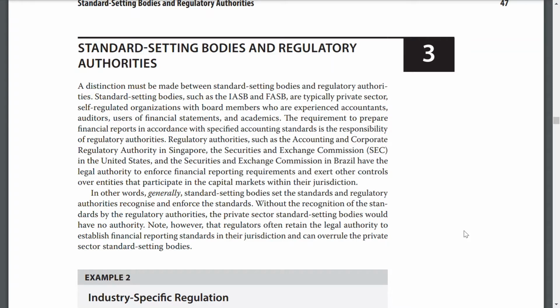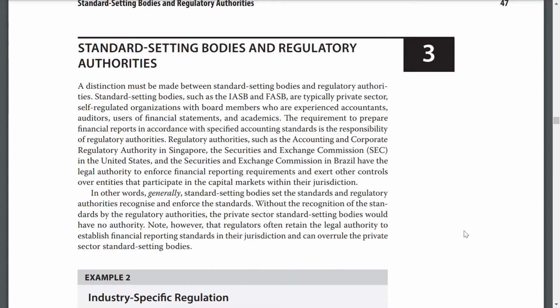The requirement to prepare financial reports in accordance with specified accounting standards is the responsibility of regulatory authorities, such as the Accounting and Corporate Regulatory Authority in Singapore, the Securities and Exchange Commission, the SEC, in the United States, and the Securities Commission in Brazil. These have legal authority to enforce financial reporting requirements and exert other controls over entities with participants in the capital markets within their jurisdiction.